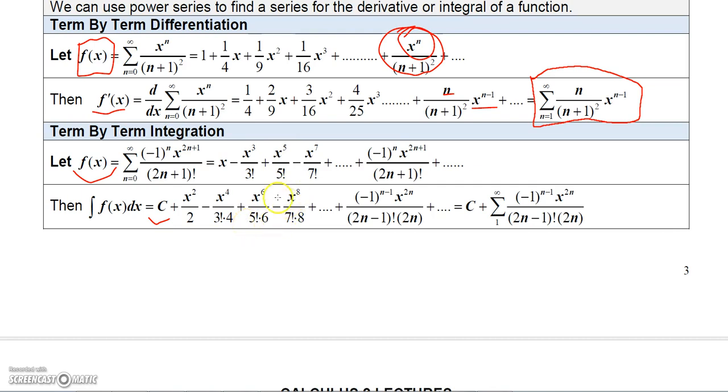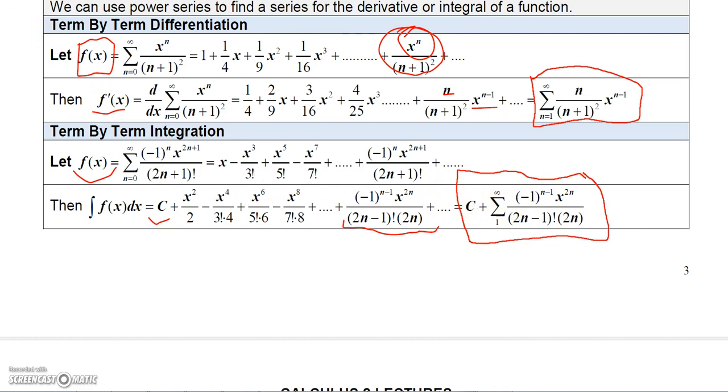And so forth. So actually, you can show that the nth term of this one could be represented by (-1) to the n minus 1 power times x to the 2n over (2n minus 1) quantity factorial times 2n. So therefore, the integral of the function above could be represented by this series plus the constant.